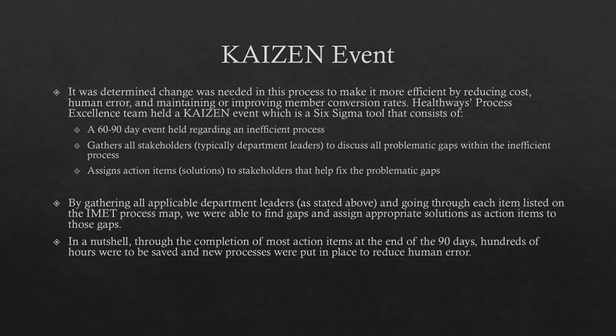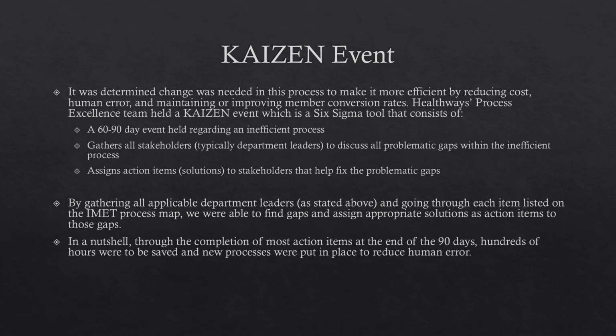It gathers all the stakeholders, typically department leaders, to discuss the problematic gaps within the inefficient process, and at the end of the event, it assigns action items to the stakeholders that help fix the problematic gaps.